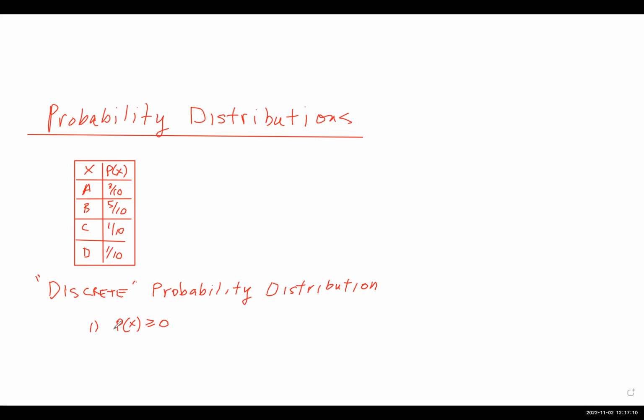We don't have negative probabilities. Also, every probability has to be less than or equal to 1. So we could have said this in one statement like this: every probability has to be between 0 and 1.